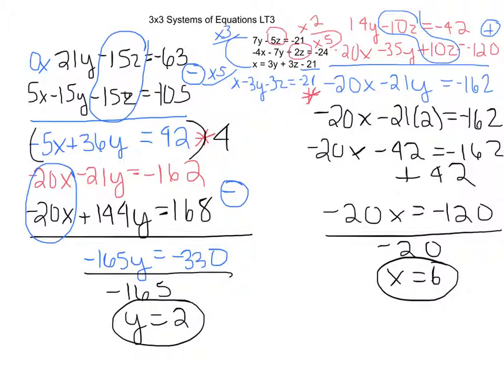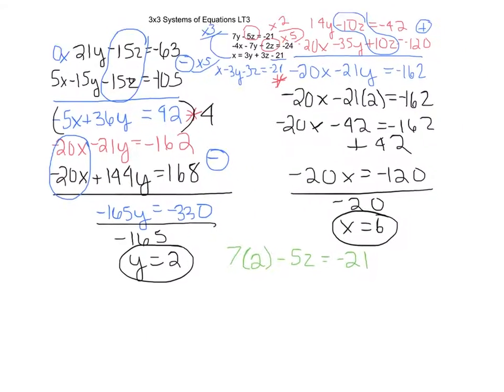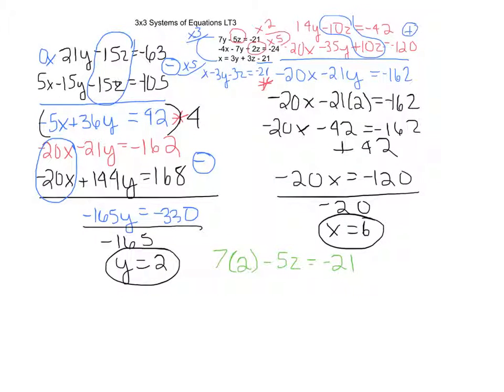All right, the last variable that we need to solve for is our variable z. We can actually more efficiently plug in to the first equation our value for y. So 7 times 2 minus 5 times z equals negative 21. Let me zoom out, get myself more space. And so then we have 14 minus 5z equals negative 21.